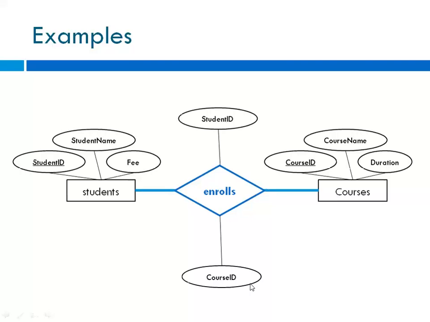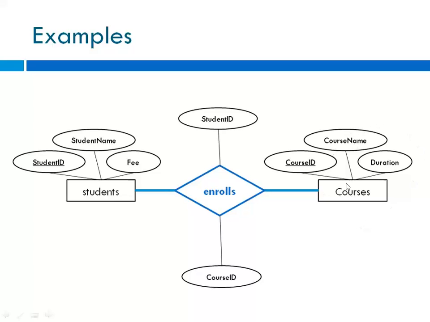Next is the relationship between students and courses, and since the students and courses relationship is many to many, you can see here that the information about which course the students are enrolled in is not stored with the student or with the courses.